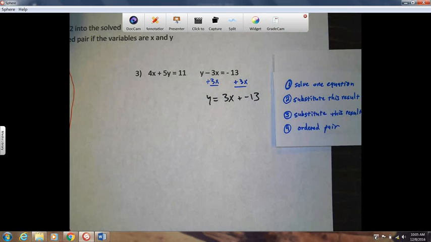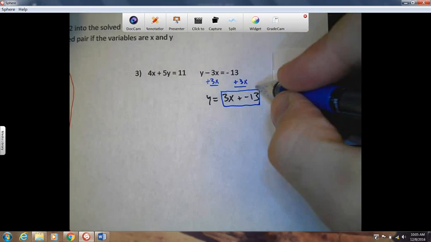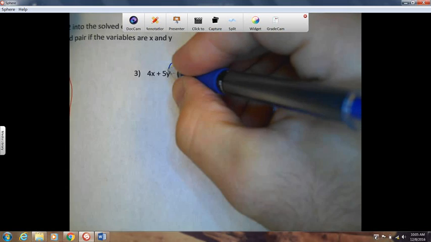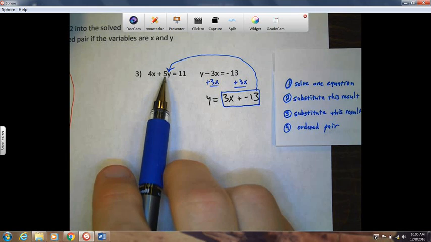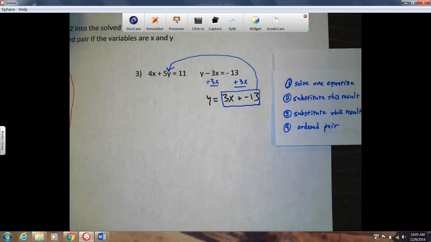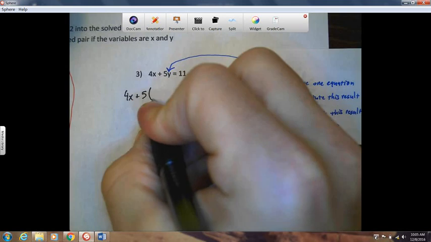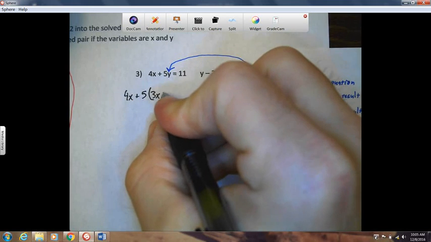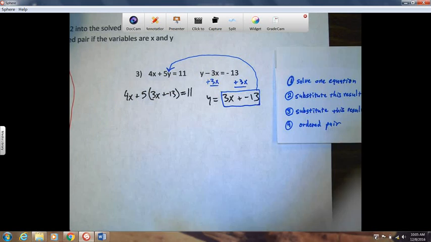Now I'm going to substitute this in for y, and I'm going to remember that the 5 stays, and I'm going to put parentheses around this. So make sure you look and see where all this is coming from.